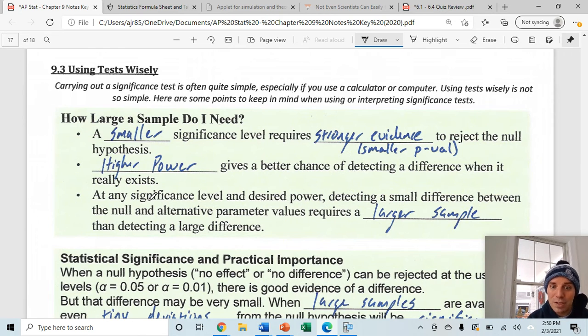Higher power gives us a chance of detecting a difference when it really exists. So the higher the power, similarly, the stronger your results are. At any significance level and desired power, detecting a small difference between the null and alternative parameter requires a larger sample size than detecting a large difference. So if we increase the sample size, it could also result in stronger evidence, providing a stronger p-value.